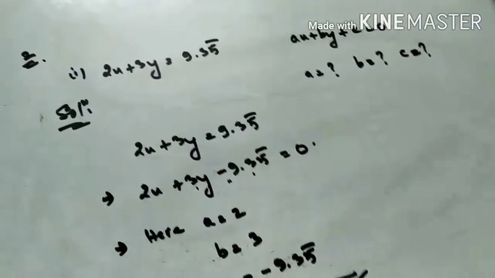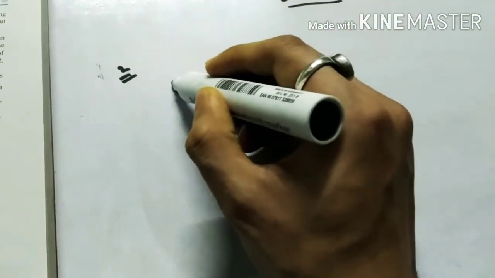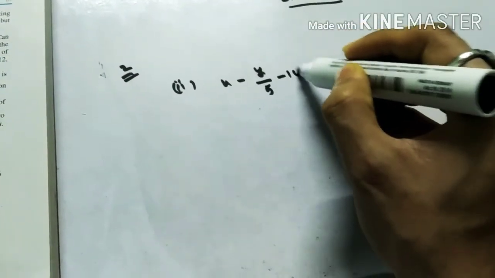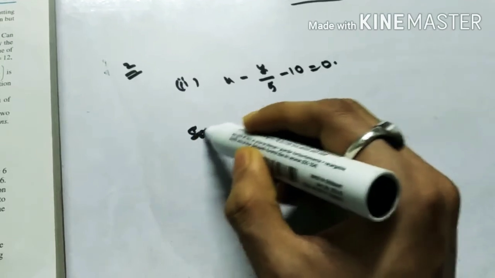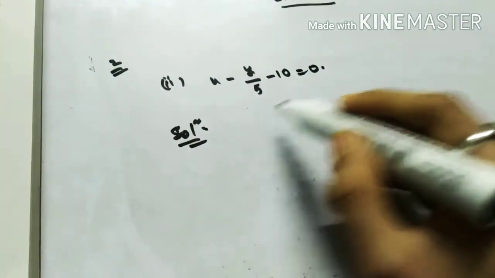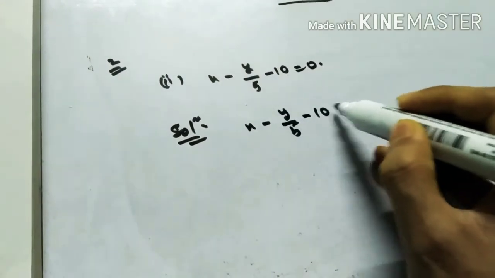Next again, question number 2. Question number 2 is saying that x minus y by 5 minus 10 is equal to 0.